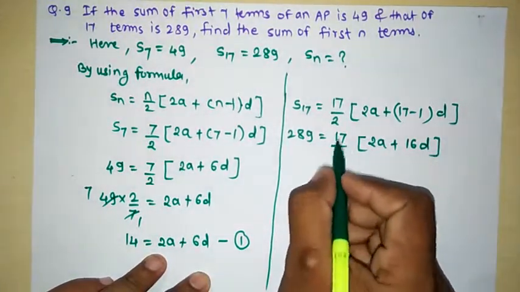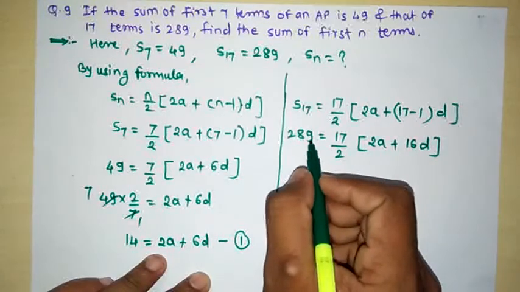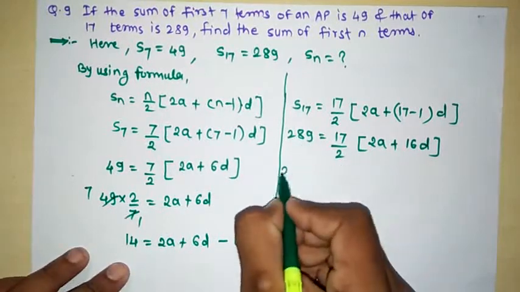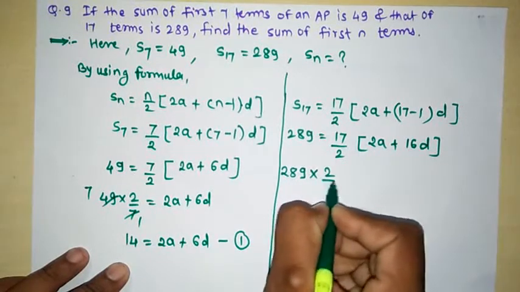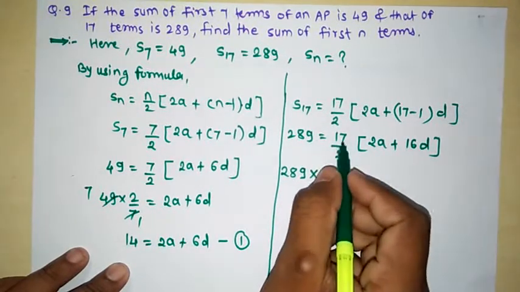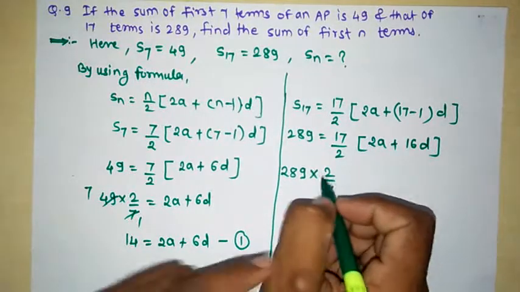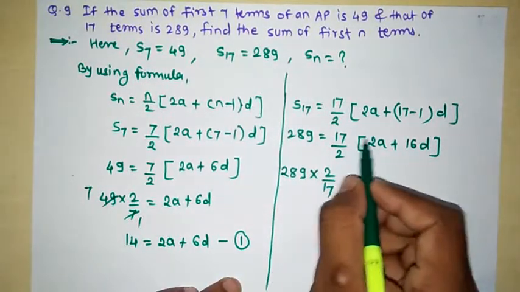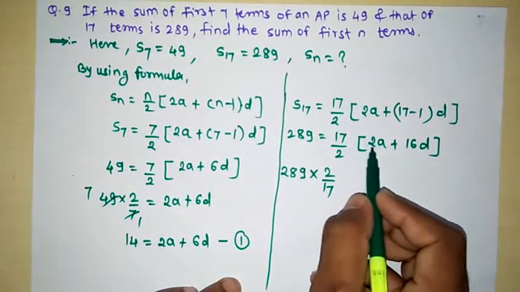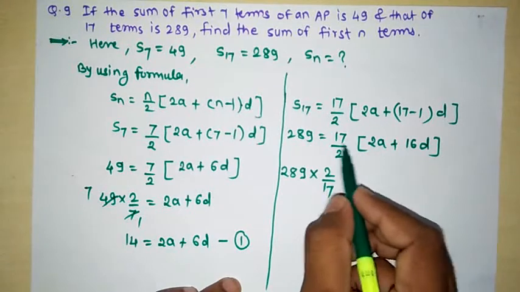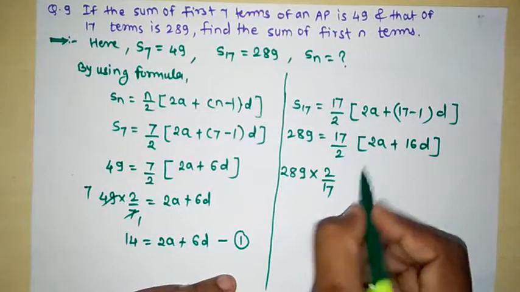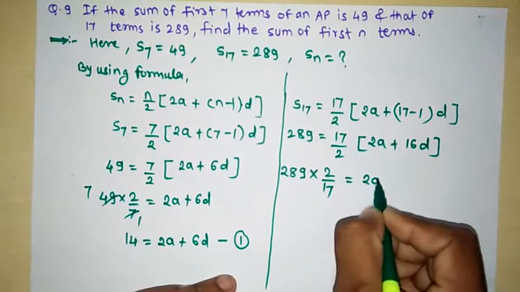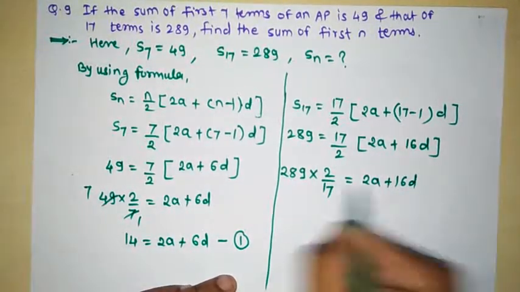Now send this 17 by 2 towards the left hand side. It will become the reciprocal, that is 289 into 2 by 17, because here it is a multiplication, 17 by 2 into this bracket. Therefore it goes to the left hand side and becomes its reciprocal. 2a plus 16d will remain here.